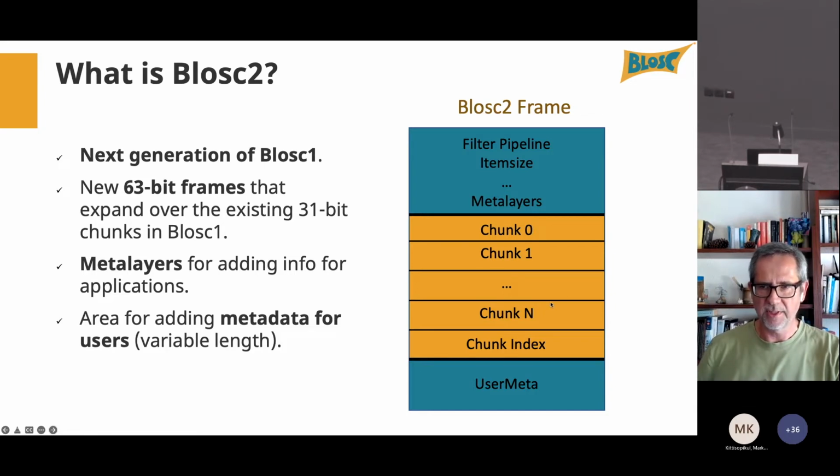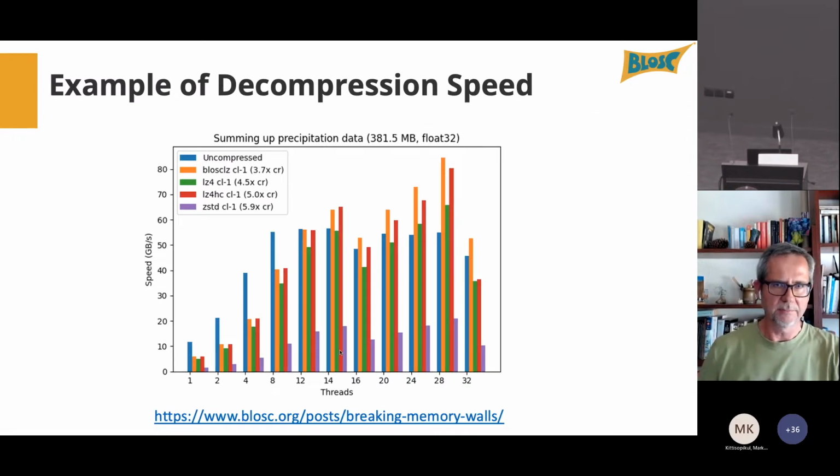In yellow you see the typical Blosc1 chunks, and these are complemented with one header of meta layers and one trailer with user meta information that can be added there, which is variable length. So this is an innovation.